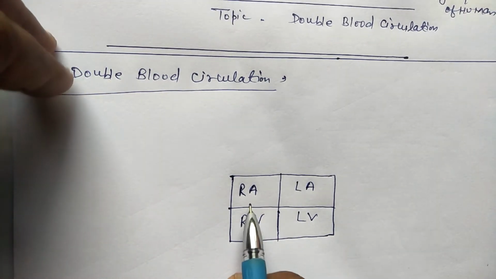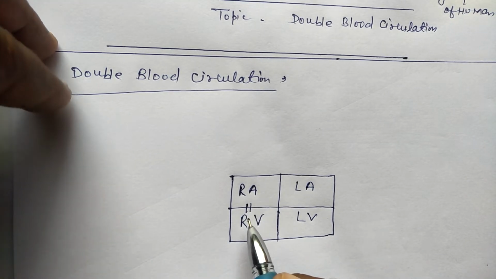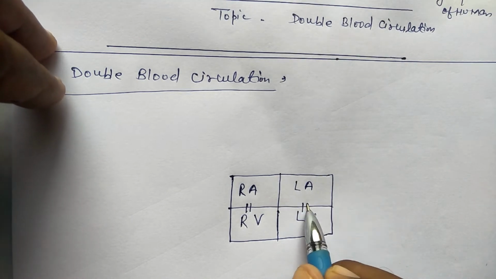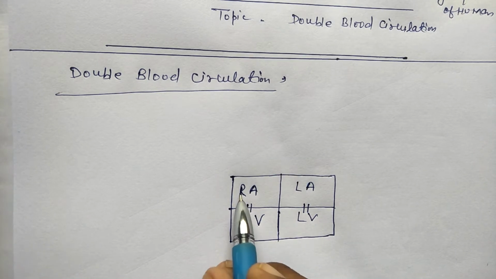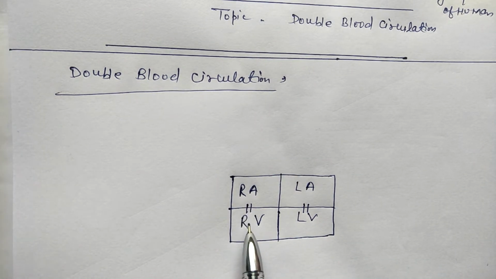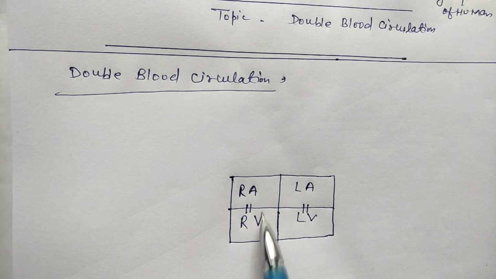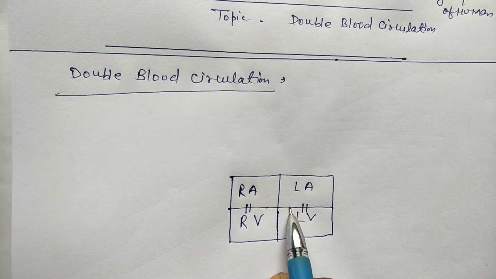Students, between the right auricle and right ventricle the specific valve is the tricuspid valve, but between the left auricle and left ventricle the specific valve is the bicuspid or mitral valve. The septum between the auricles and ventricles is the atrioventricular septum.